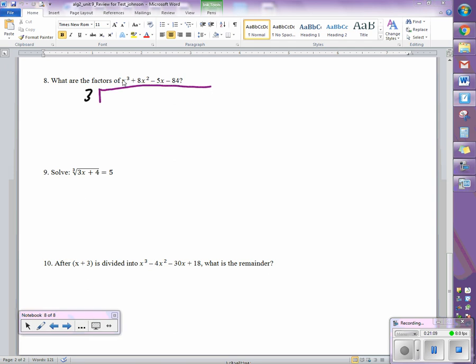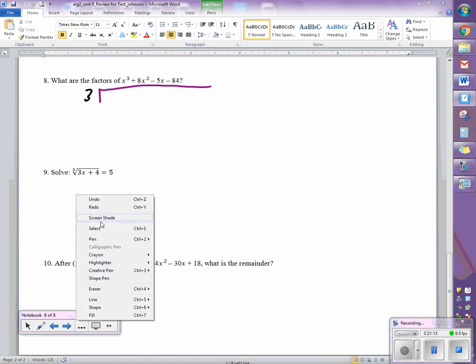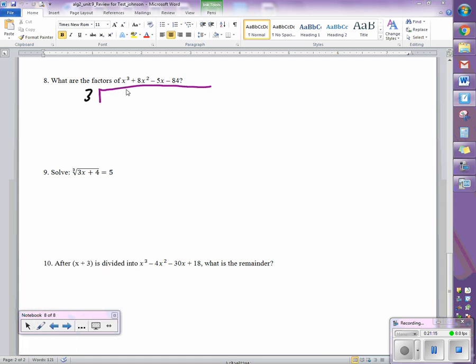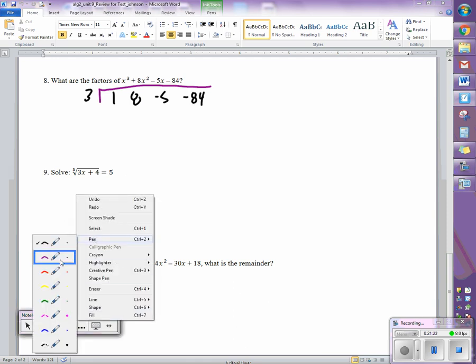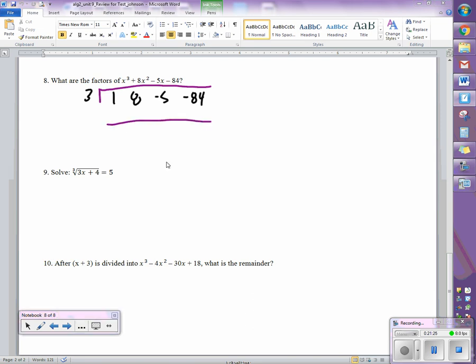It's a degree 3, so it's supposed to have 4 terms. 1, 2, 3, 4, which is correct. So I'm not missing any. So 1, 8, negative 5, and negative 84. And carry out the division process.